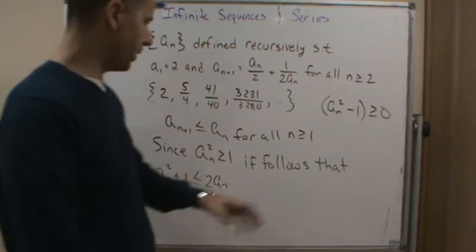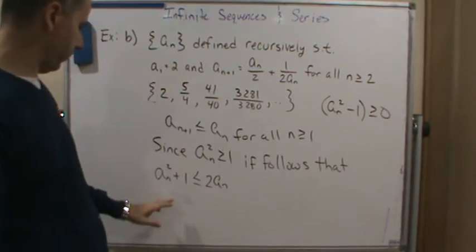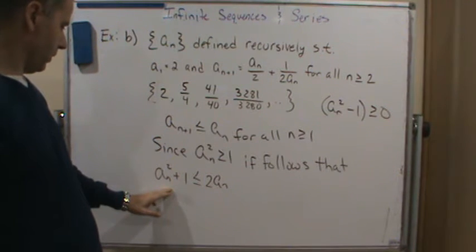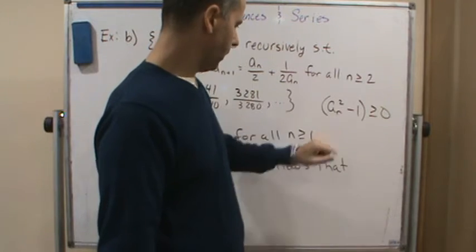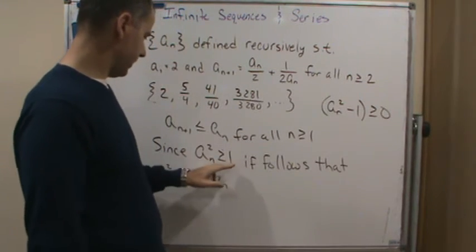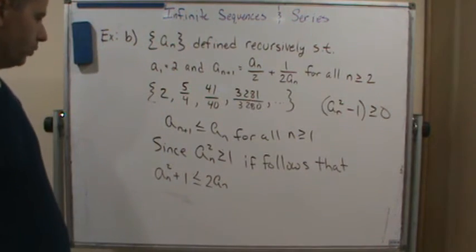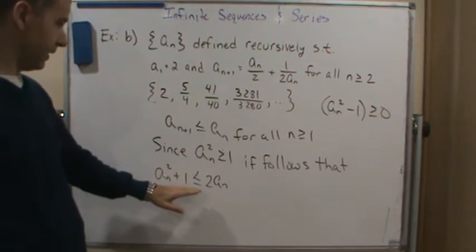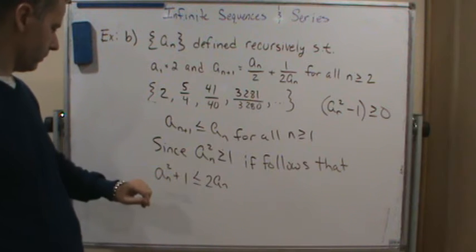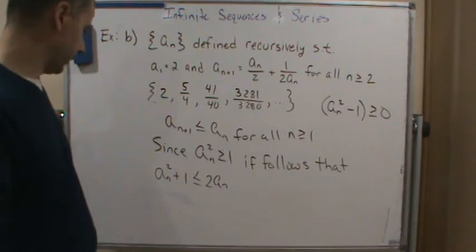So again, this is just coming back from what we did before. So I'm going backwards, right? We started here, okay? And since this is greater than or equal to 1, then it makes sense that this is, hold on a second.